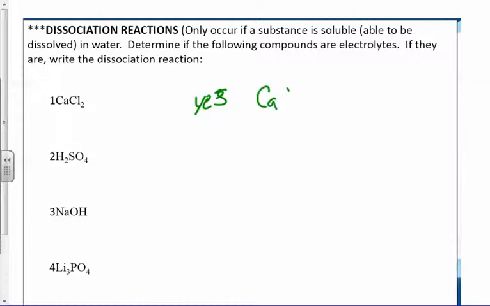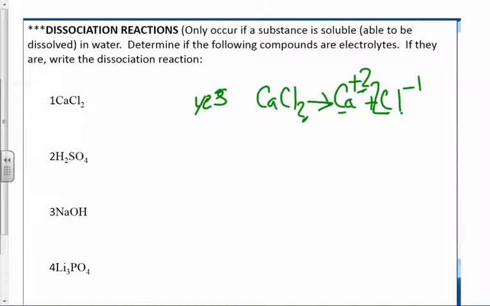We write the compound, CaCl2, and we draw that little yields arrow. And we just basically break it up into the parts that it came from. We know that calcium has a charge of +2, and chlorine has a charge of -1. But we have to make sure that we account for this 2 here. So we put this 2 as a coefficient, meaning we have 2 chlorines there to combine with that 1 calcium.